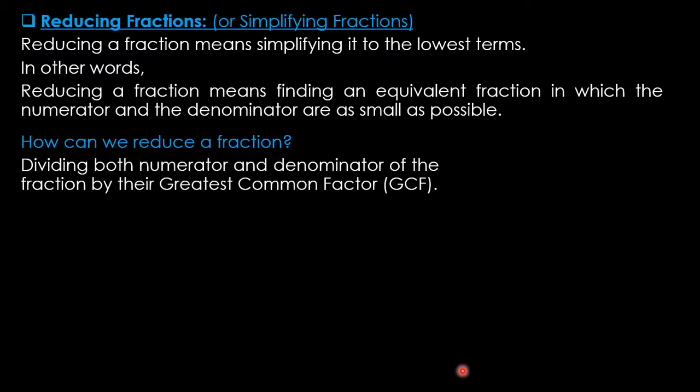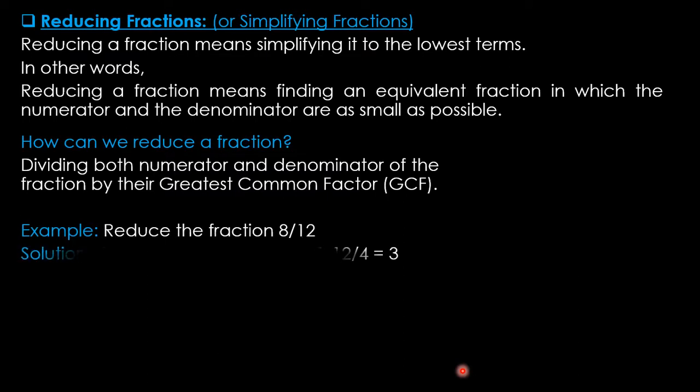By dividing both the numerator and denominator of the fraction by their greatest common factor or GCF. Example, reduce the fraction 8 over 12. We find the GCF or greatest common factor of 8 and 12, which is 4.